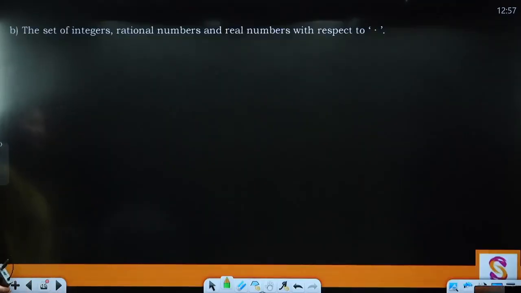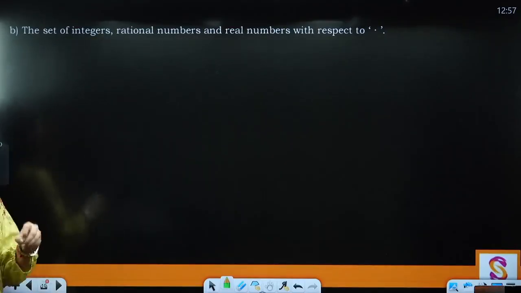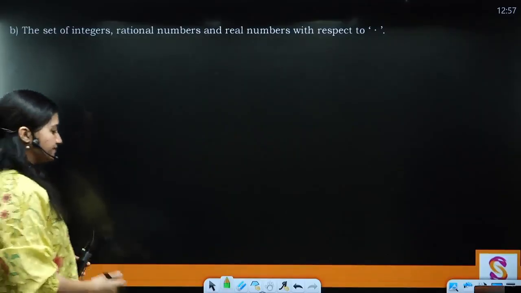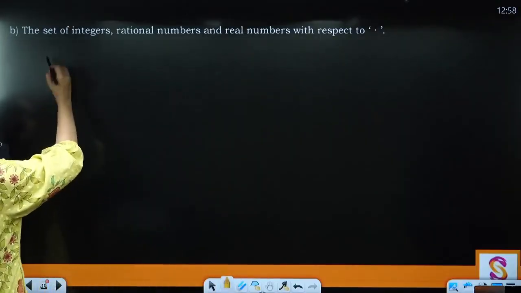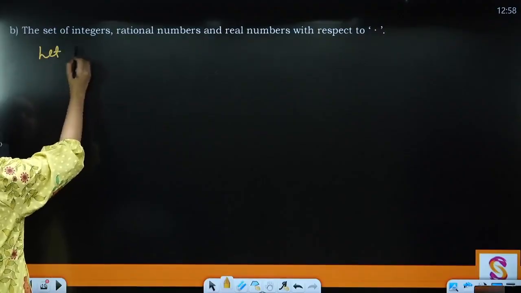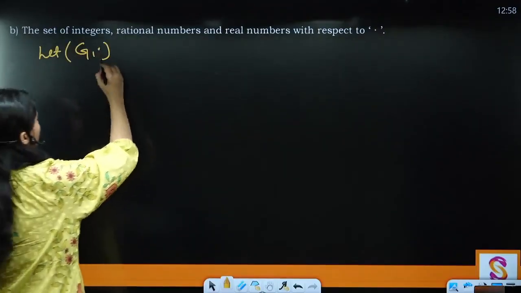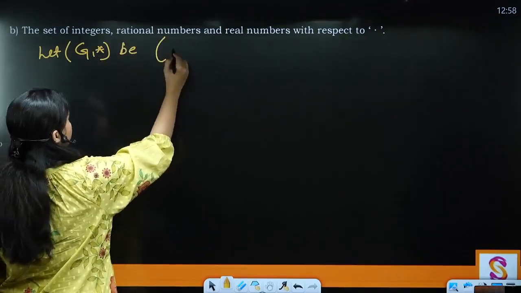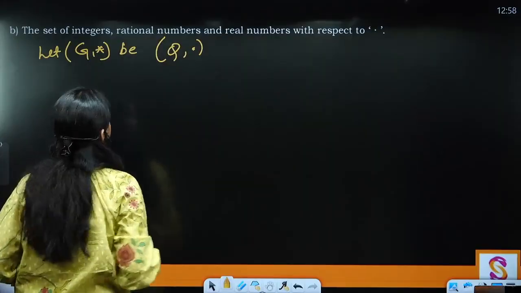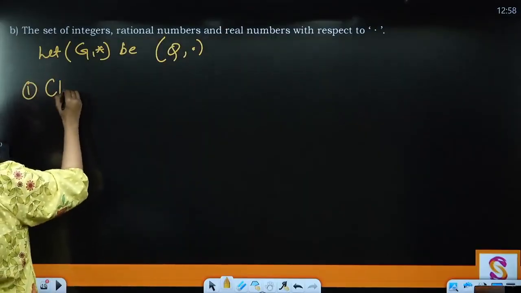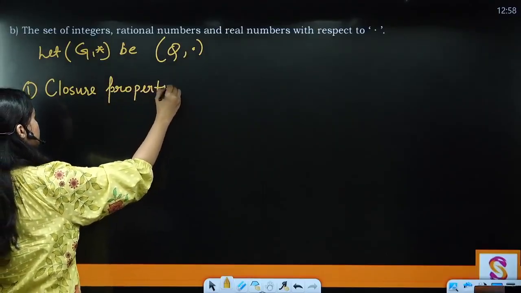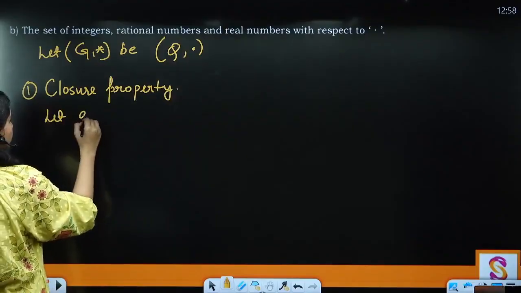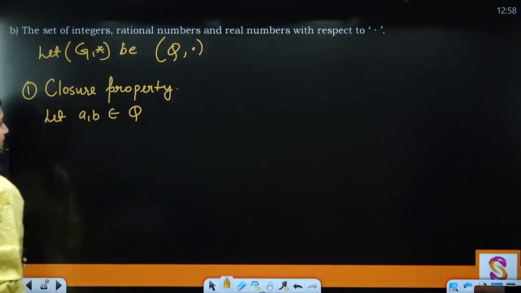Then we have the set of integers, rational numbers and real numbers with respect to multiplication. Now let's take the rational numbers set here. So let's say we have G star as Q with dot, right? Now first is your closure property. Now let a, b be rational numbers.